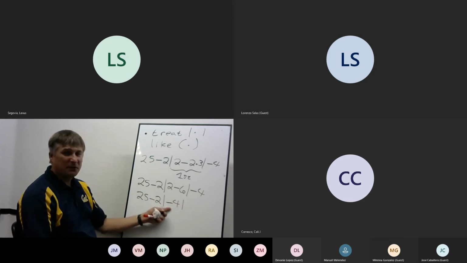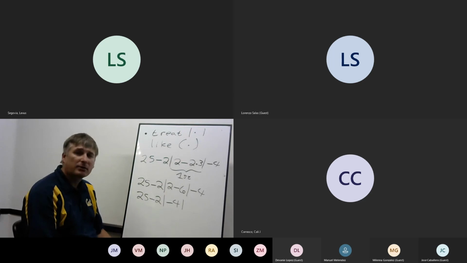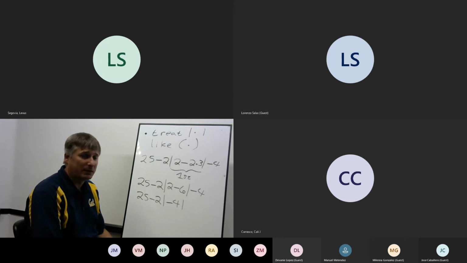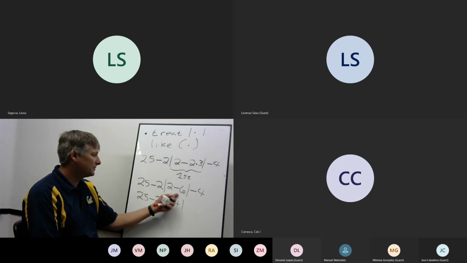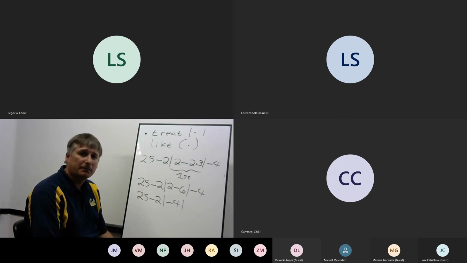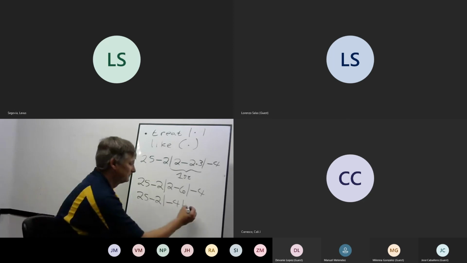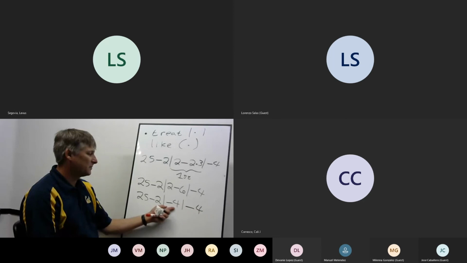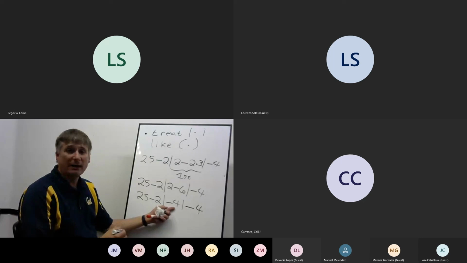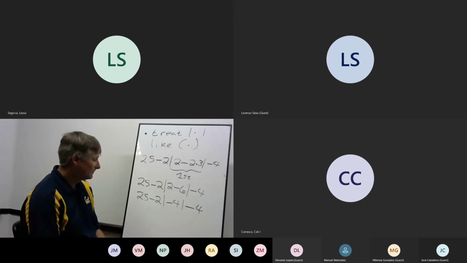Now, why is this -4? We haven't talked about that yet. We're going to hopefully get to talk a little bit about that today before we're done. But 2 minus 6, if you put that in your calculator for now, you're going to get -4. How to calculate this without a calculator, we'll do that in a little bit, hopefully have time.